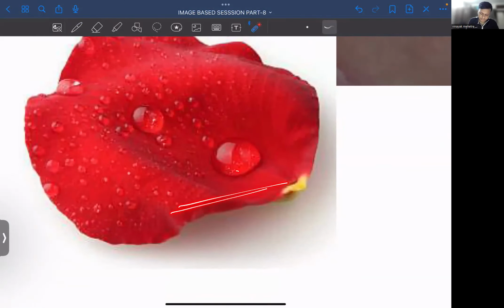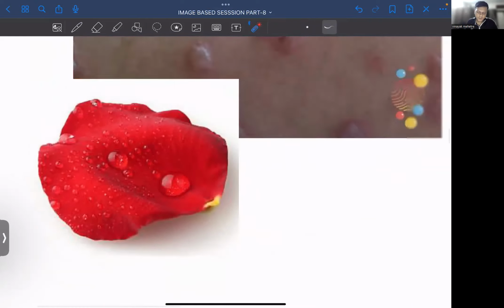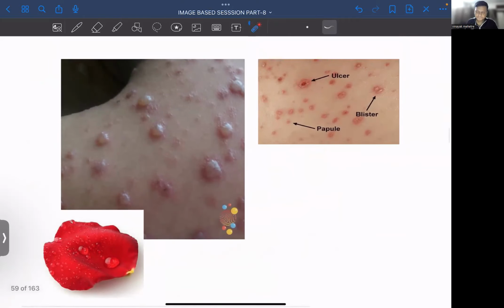Redness on the skin and there is water. This is called as dew drop on rose petal. Dew drop on rose petal is seen in which virus?